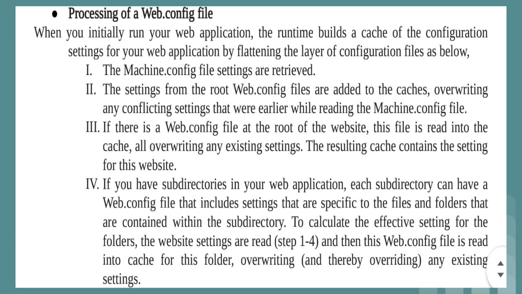Then, if you have subdirectories in your web application, each subdirectory can have one web.config file that includes settings that are specific to the files and folders that are contained. Means suppose in the current website you have imported one more website from the outside.